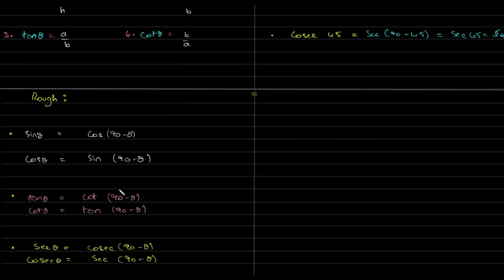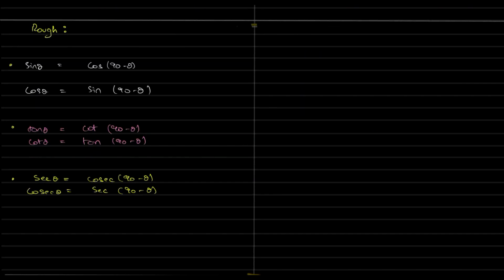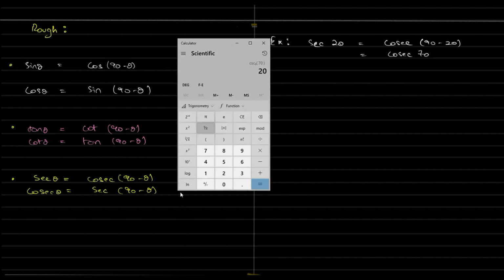So let me take some random value so that we are satisfied with what we just learned. Secant 20 degree should be equal to cosecant, as per this definition, 90 minus 20 degree, so cosec 70 degree. So secant 20 is what? 1.064.